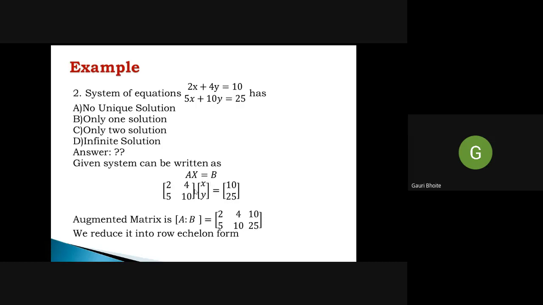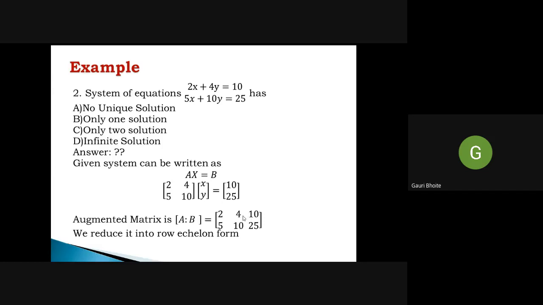I just add the B column to A as the last column. It is the augmented matrix AB. Now reduce this matrix into echelon form so we can find the rank.